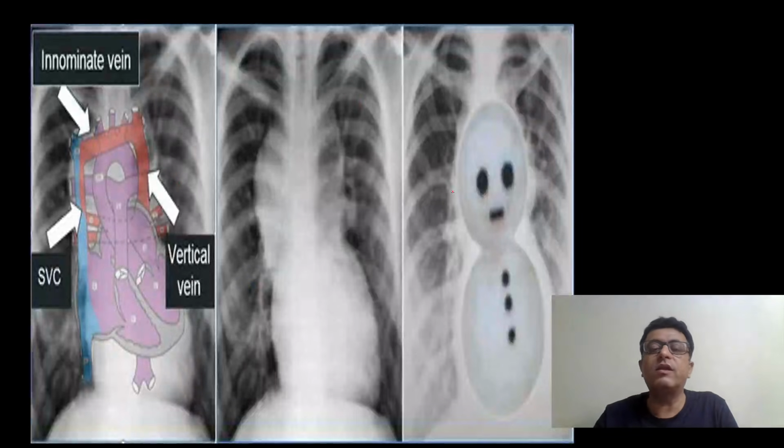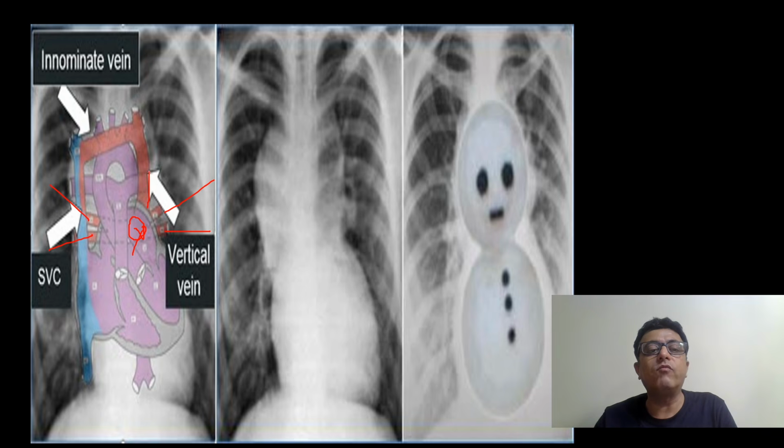Now concentrate on this figure. You can appreciate these 4 pulmonary veins: this is 1, this is 2, this is 3, and this is 4. These 4 pulmonary veins are supposed to drain into the LA, but they are not draining into the LA. They unite together and form a channel.